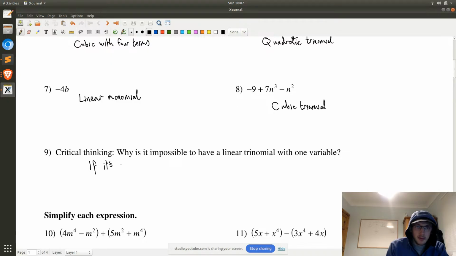If it's linear, one variable, then the terms will be of the form ax to the 0 or bx to the 1.